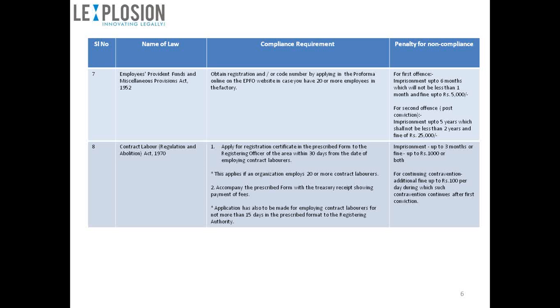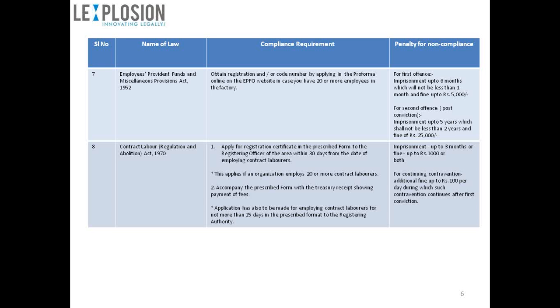So here we have a situation where the industry, by virtue of being in the telecom industry, is not governed by the state laws, that is the laws of the state in which the particular factory is situated, but is governed by the central laws, that is the central rules under the Contract Labor Regulation and Abolition Act.